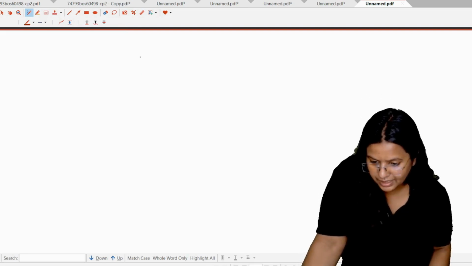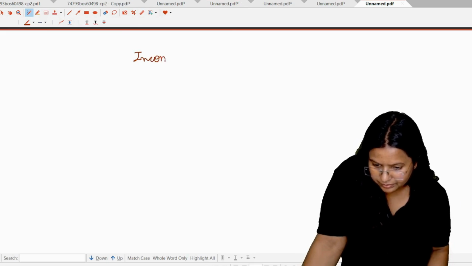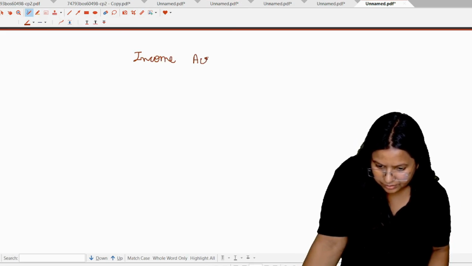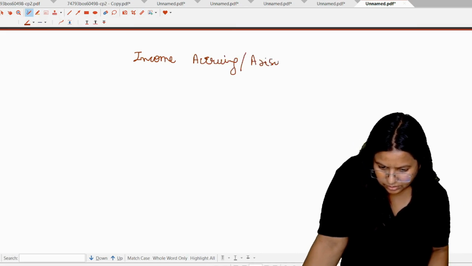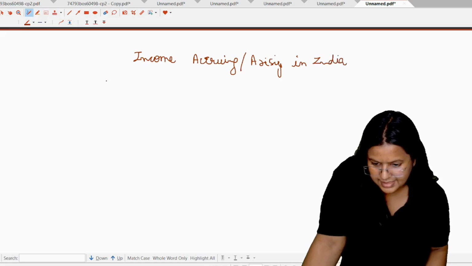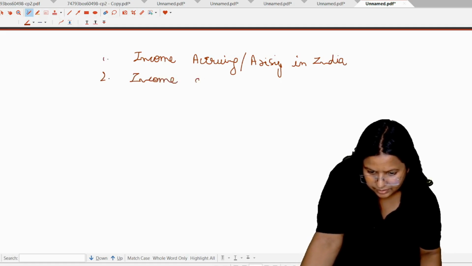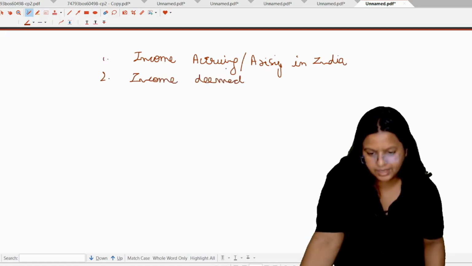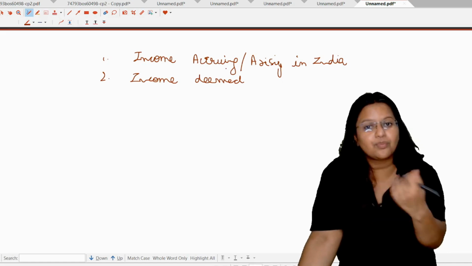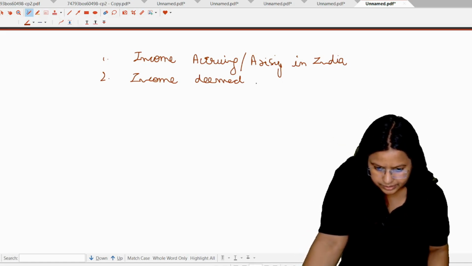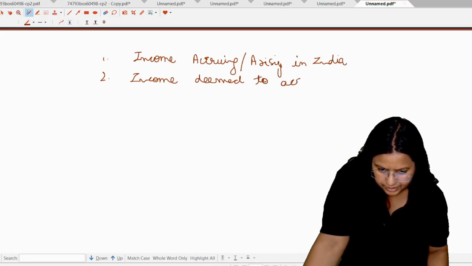The first income is income accruing or arising in India. Second is income deemed to accrue or arise in India. Deemed means that the income is not actually accruing in India, but we are supposing it. Third, the income received in India. Fourth, income deemed to be received in India.